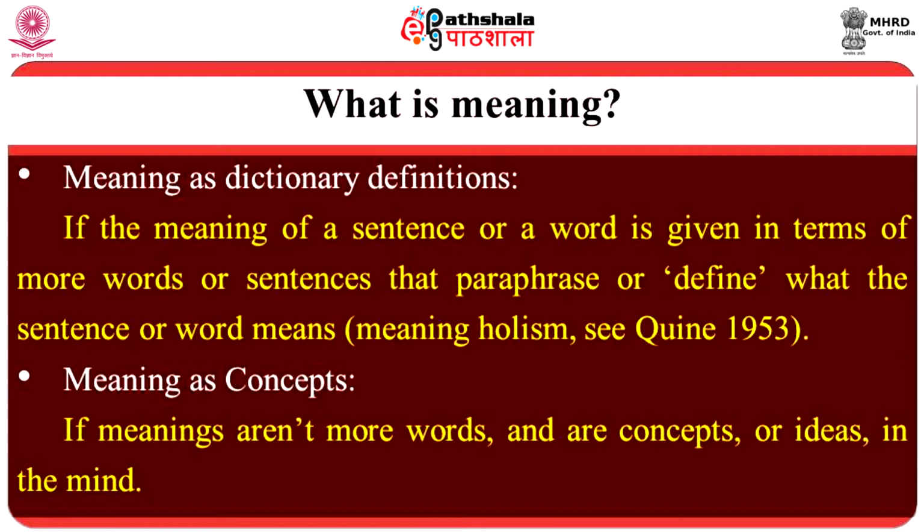Meaning as concepts. If meanings aren't more words, may they be concepts or ideas in the mind? For example, say the meaning of the word monkey is the concept monkey that a person forms and associates with the word. Then every word has a concept associated with it.